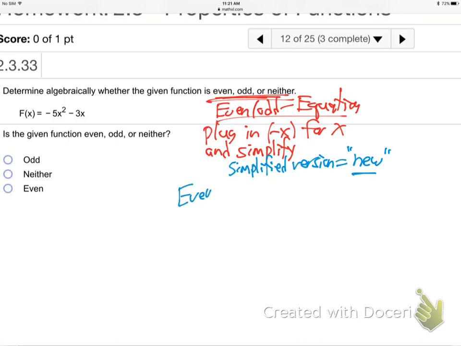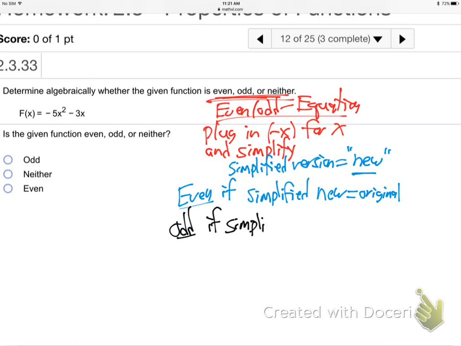It's even if the simplified new one equals the original. Okay, and then it's odd if the simplified new equals negative 1 times the original.